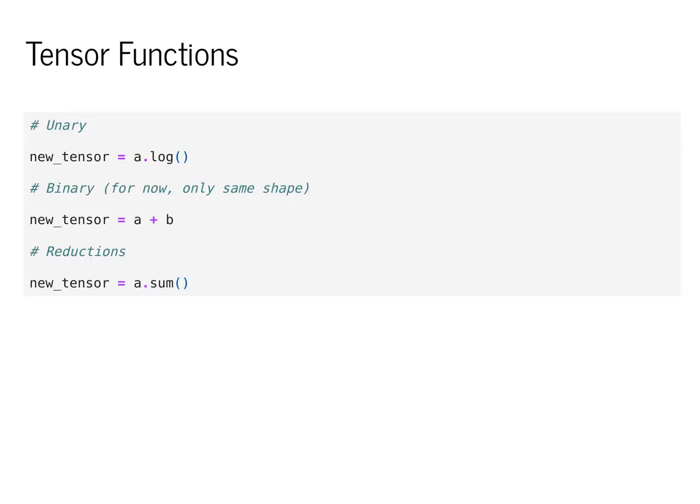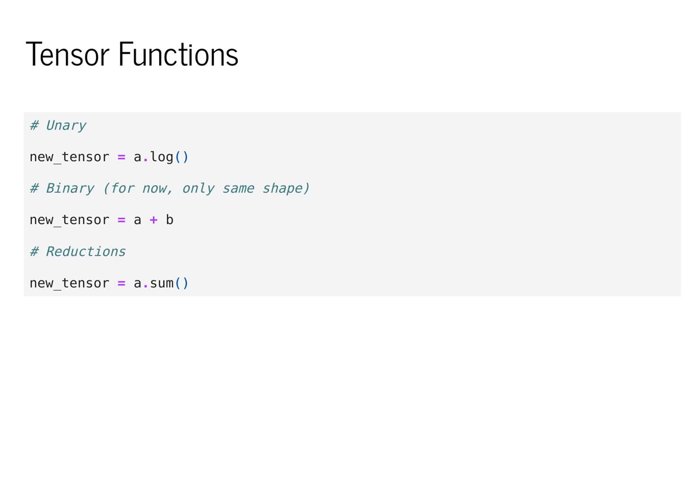So here are 3 tensor functions that we're interested in. The first is a unary style function, such as taking the logarithm of every cell in a tensor. The second is a binary operation. This, for now, will work on 2 tensors that have exactly the same shape.